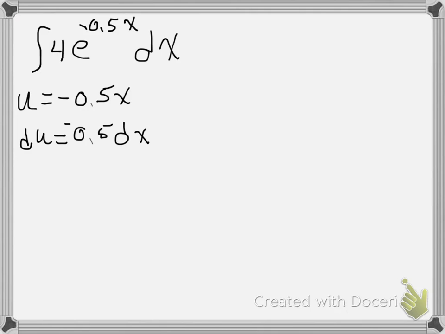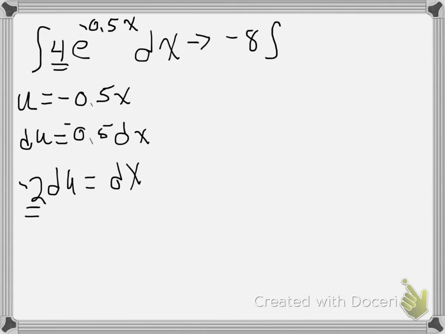I divide each side by negative 0.5, and this becomes negative 2 du equals dx. Alright, now this thing can be rewritten. I can take that 4 out in front of the integral sign because it's a constant, and I can put that negative 2 in front of the integral sign. Negative 2 times 4 is negative 8. Integral e to the u du.